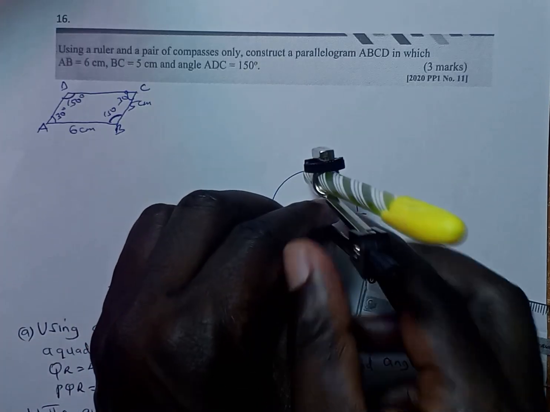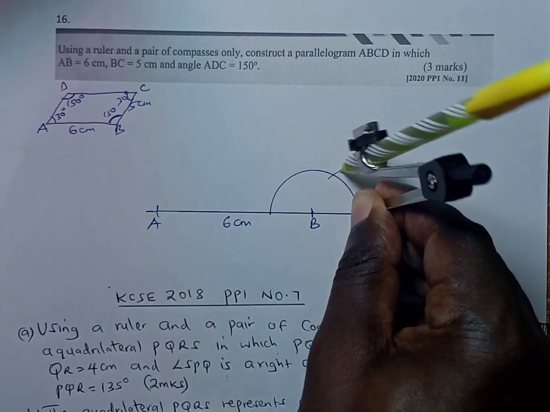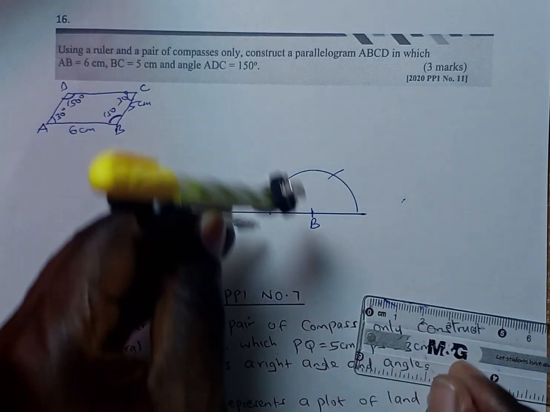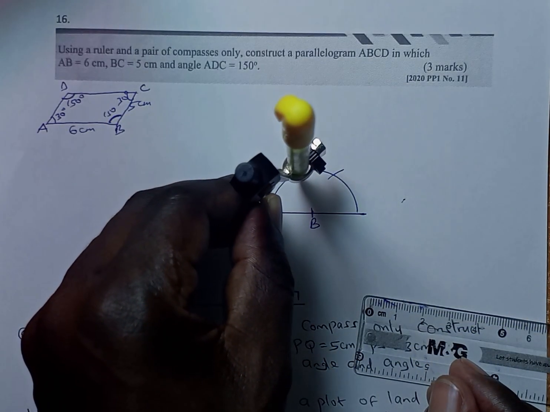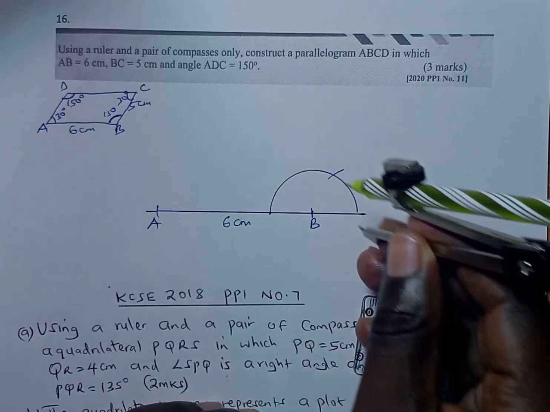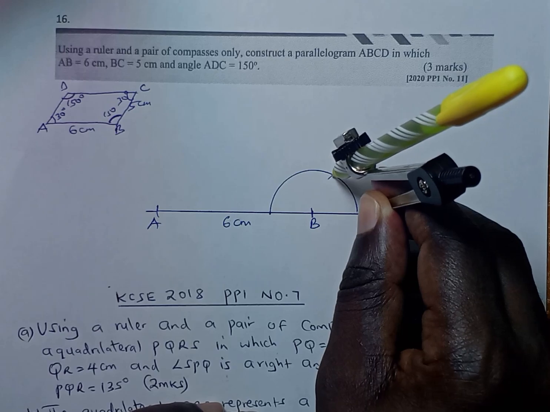Once we have done that, you stand at this point here. You mark an arc. You also stand at this point, you mark another one, which is going to be 60, 60, 60. But in this case, from this point here to this, we have an angle of 120.